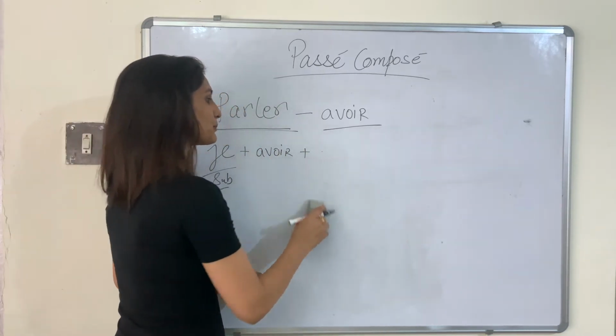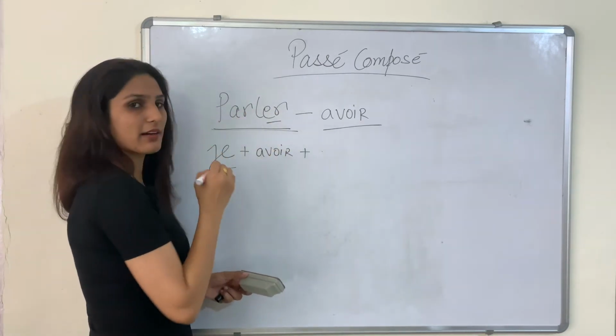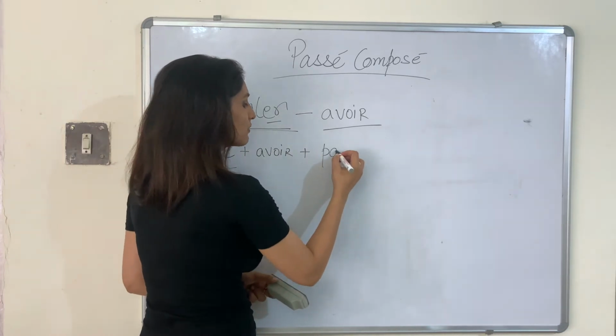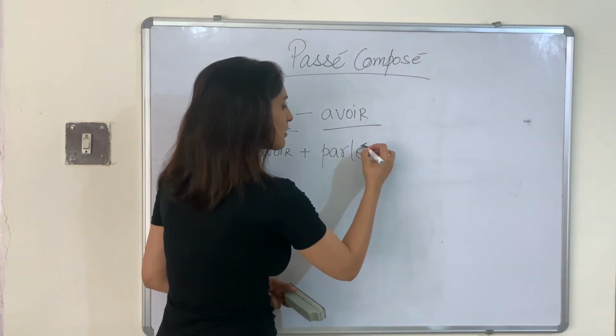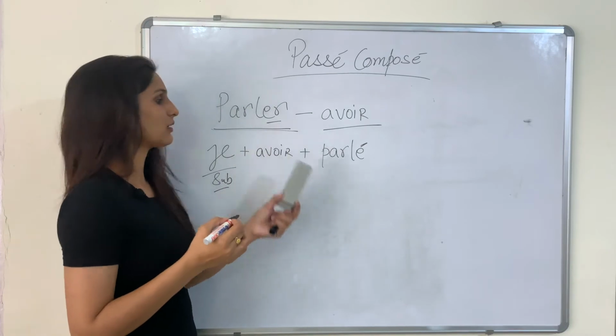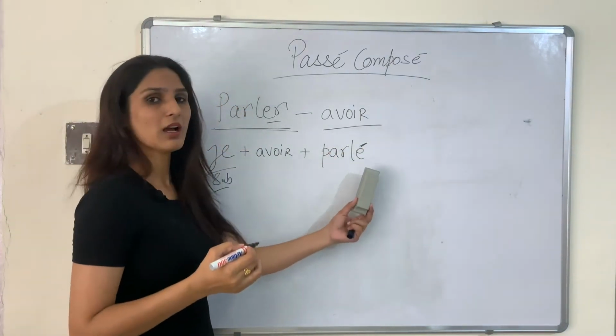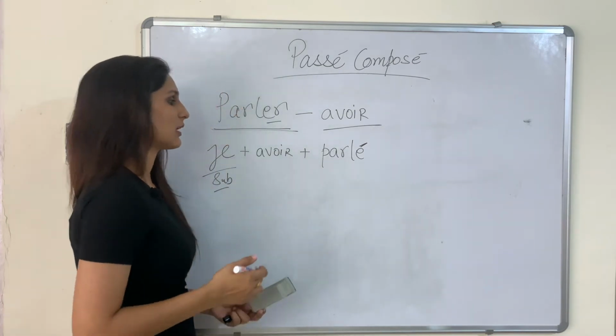So for verbs having er, no matter which verb, even aller, what you do is you remove the r and you put an é with an accent.